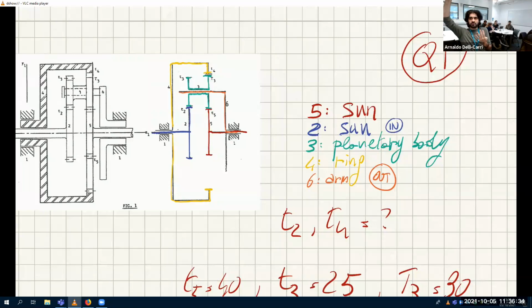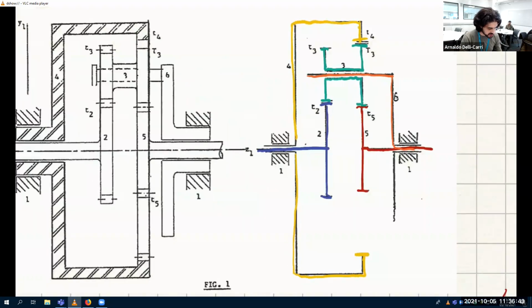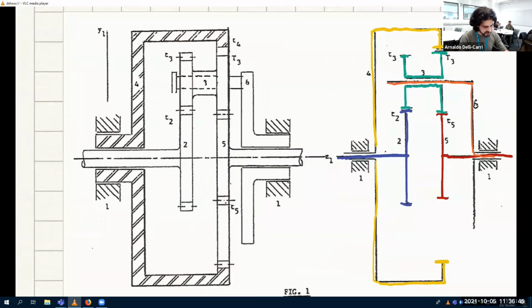If I make it too large, it doesn't fit. So let's start from here, this is my 0. The radius of gear 2 gets me here, R2.